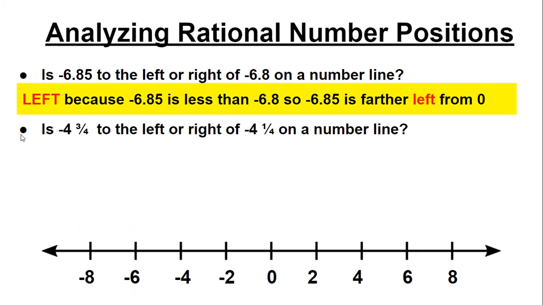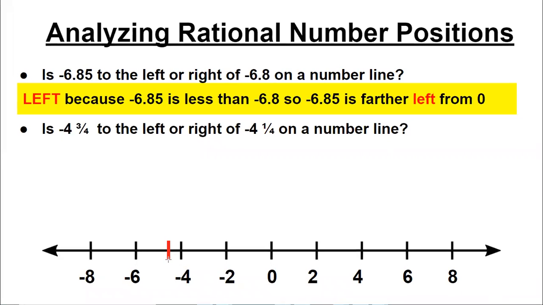Is negative 4 3/4 to the left or to the right of negative 4 1/4 on the number line? So we can try that right here. Negative 4 3/4. Now we can put this right here. So we have 1/4, negative 4 1/4. Oh, but wait a minute.